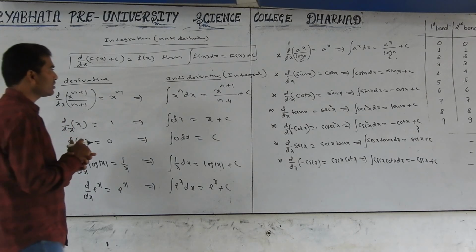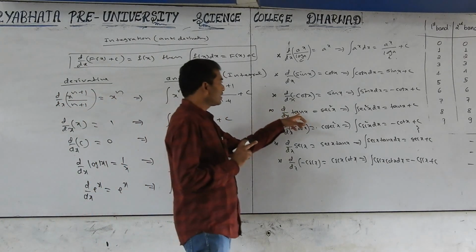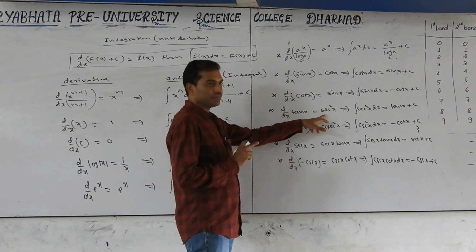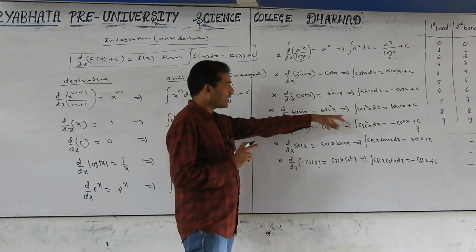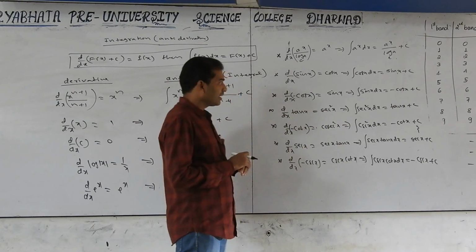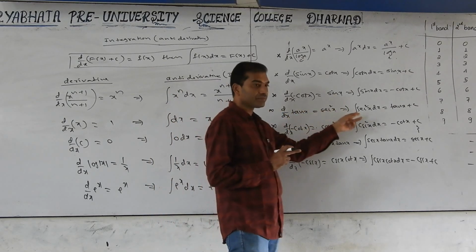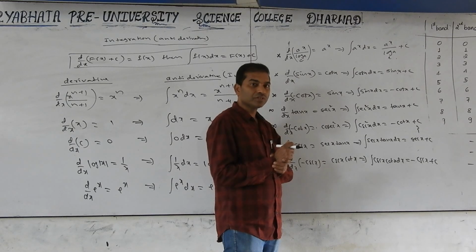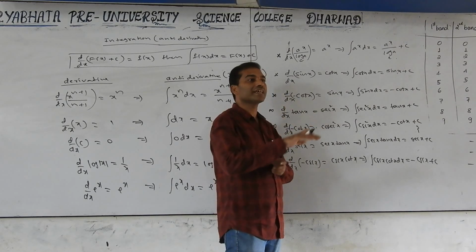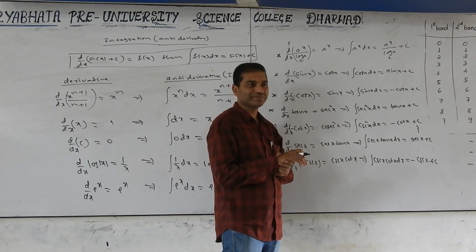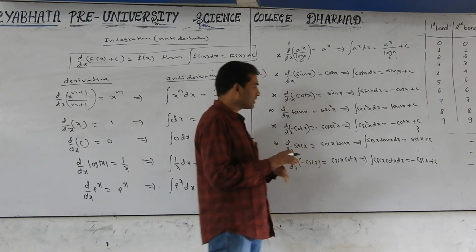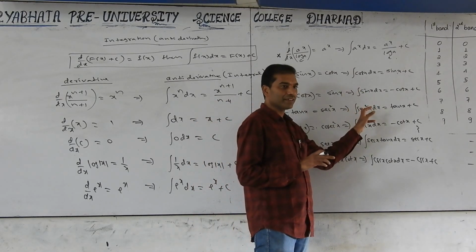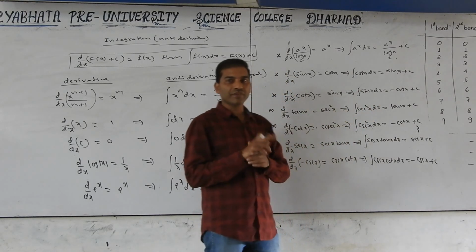Understood? So integration of tan x, we don't know. Derivative of tan x we know. Integration of tan x is not there in the list. Derivative of secant square x, I am asking. How can we find it?